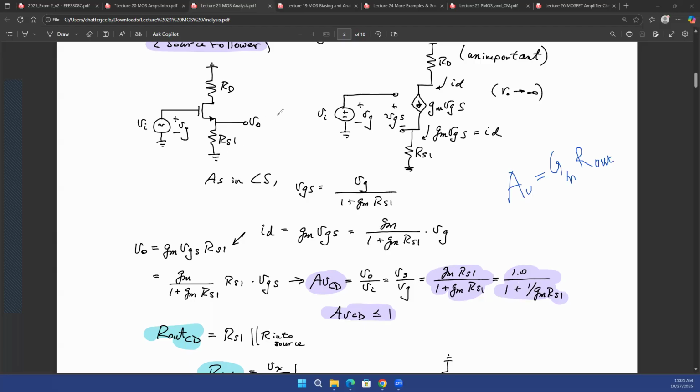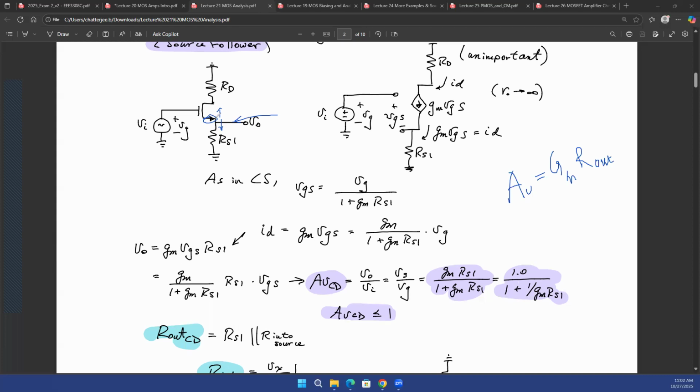So what is R out? R out is the output resistance looking at the output terminal. In this case, that is the source terminal. And again, just like the previous problem, looking at the source terminal, you see RS, that's the resistance looking down. And looking up, you see the source terminal of the MOSFET, right? So it will be the effective resistance of the source terminal of the MOSFET, which we don't know yet, right?